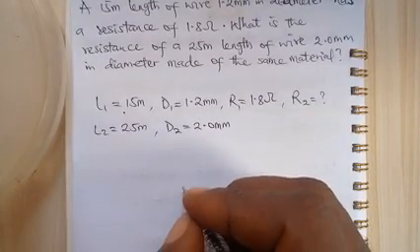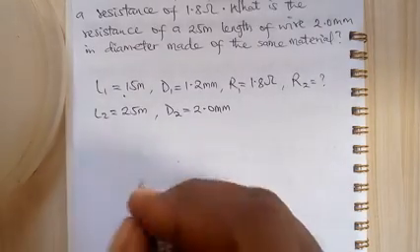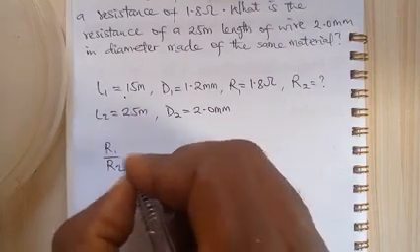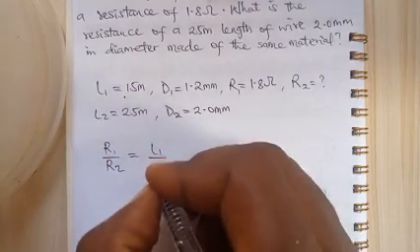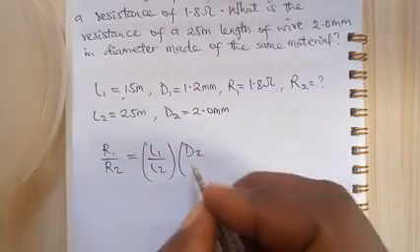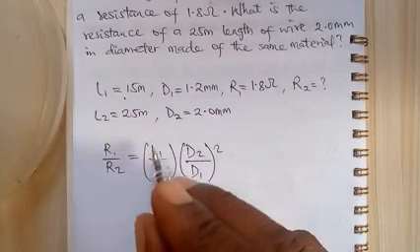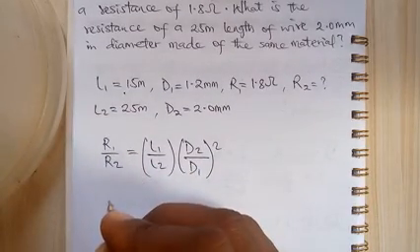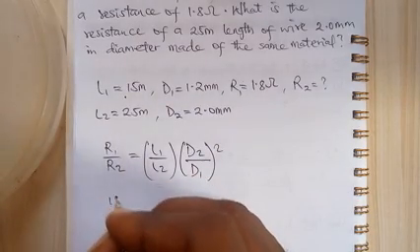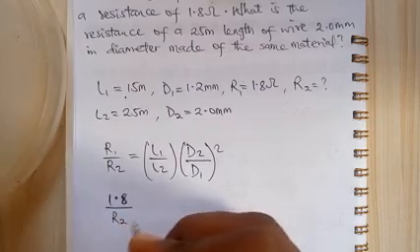Having gotten this, we know we have a formula that says that R1 over R2 is equal to L1 over L2 times D2 over D1 all squared. If we plug in all this, do we have R1? Yes, 1.8. So we have 1.8 over R2, that's what we're looking for.